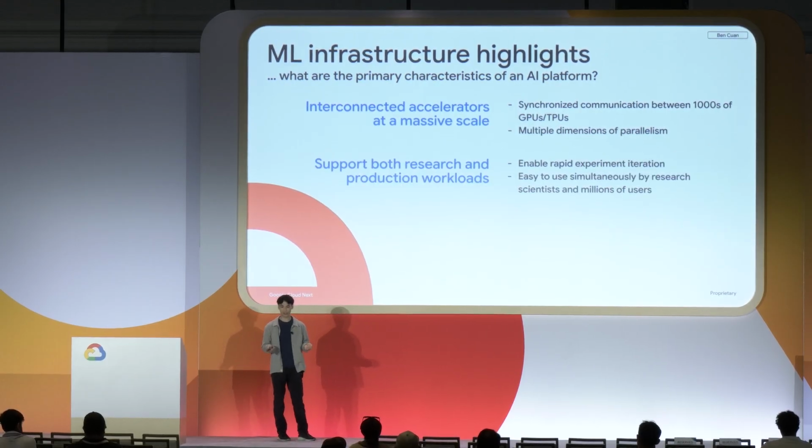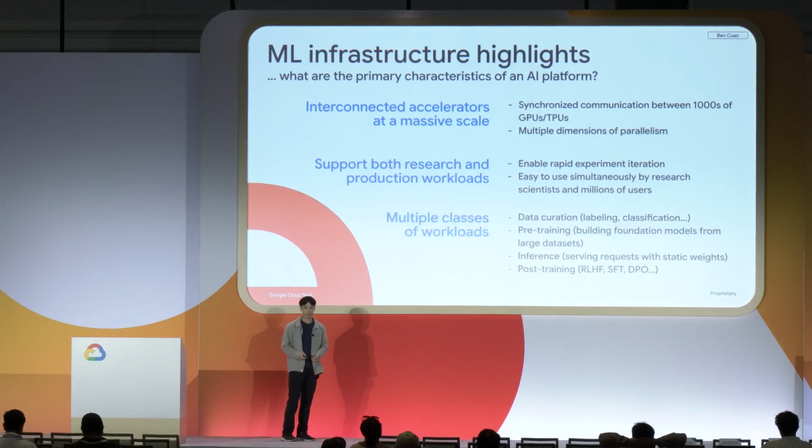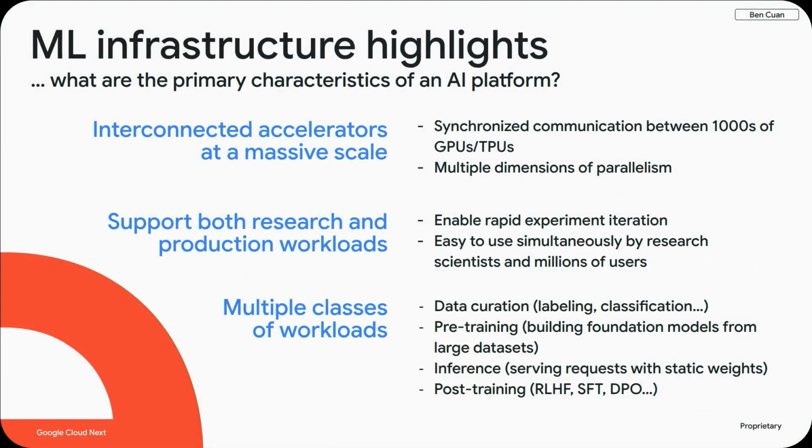The second characteristic is that we have to make our infrastructure both user-friendly to our research team, as well as to millions of users who need to run inference tasks on our models. And finally, there are multiple classes of workloads that we all need to consider at the same time. I've classified them in maybe 4 different main buckets. The first being data curation tasks, when we're labeling or classifying our initial data set.